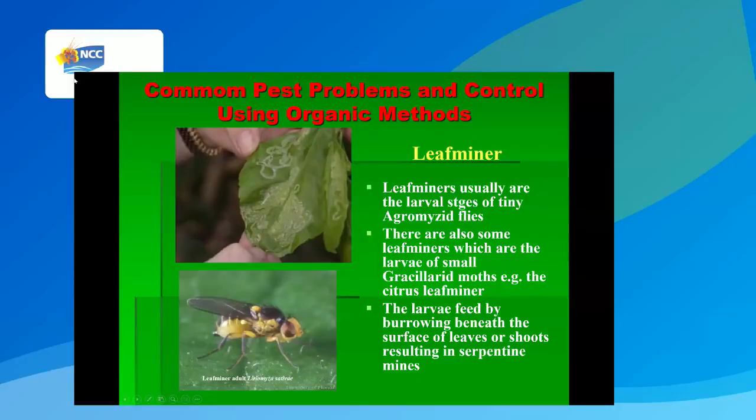And what they do is they lay their eggs into the leaves, in particular of plants, and the maggots that hatch out from these eggs will burrow beneath the surface of the leaf and cause these serpentine or winding galleries or tunnels just below the leaf surface, destroying the chlorophyll in the process, reducing your plant vigor and growth.